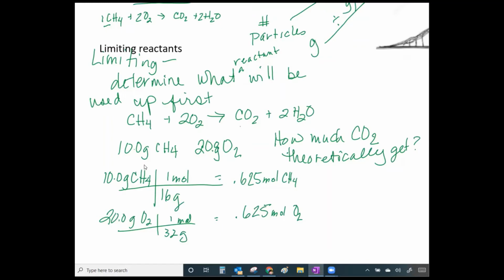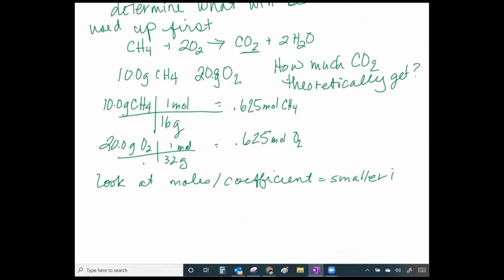What we want to do is figure out which is going to make more carbon dioxide. And you could go on and calculate carbon dioxide using stoichiometry, but there is a shortcut that I taught you. And that shortcut is next, you look at moles divided by the coefficient, and the smaller one is what's limiting.